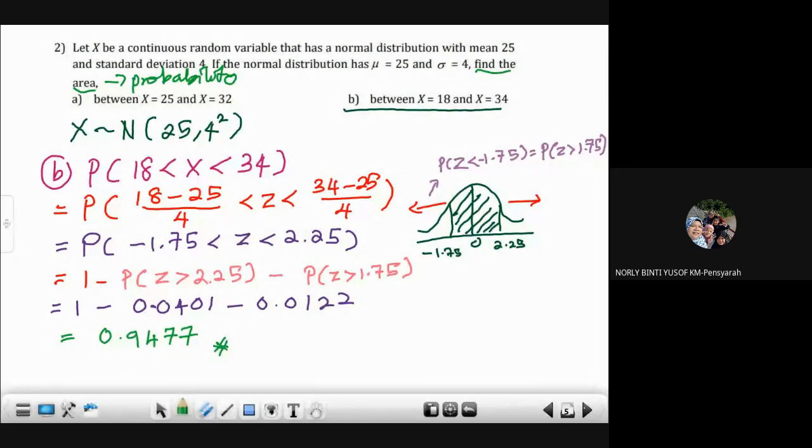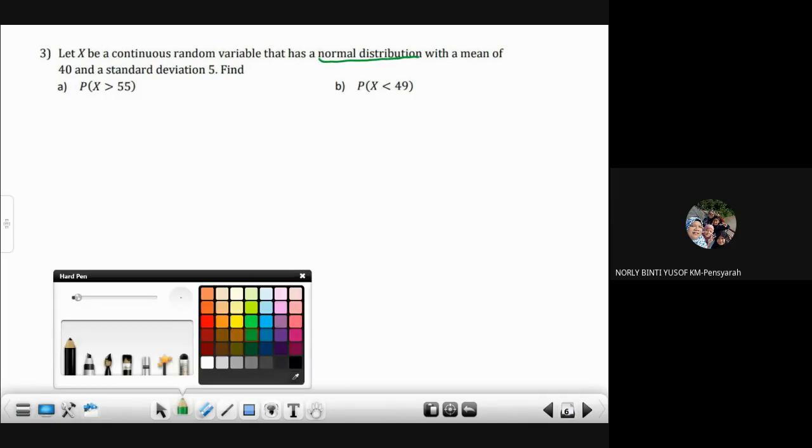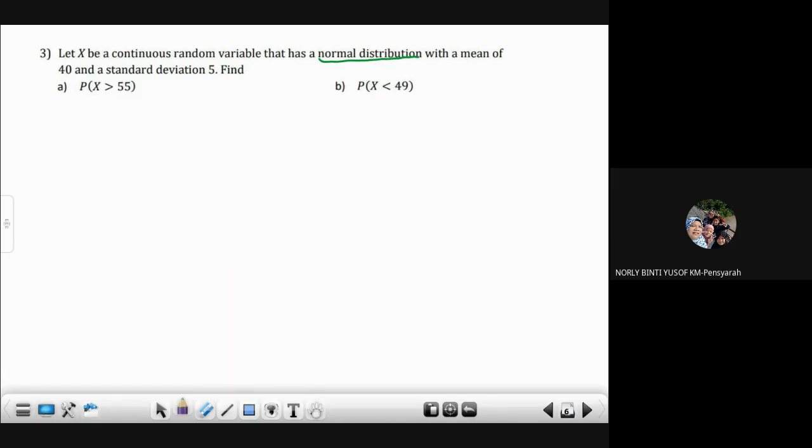Okay. Then we goes to the next example, example 3. So sama, dia bagi X2 continuous random variable has normal distribution with the mean. So samalah, you kena tulis distribution dia. Buat new distribution with new mean. So normal 40, standard deviation 5, so variance 5 squared.